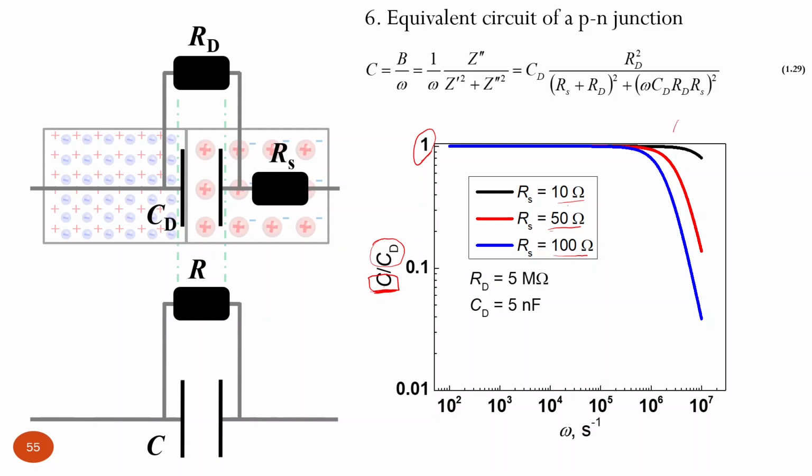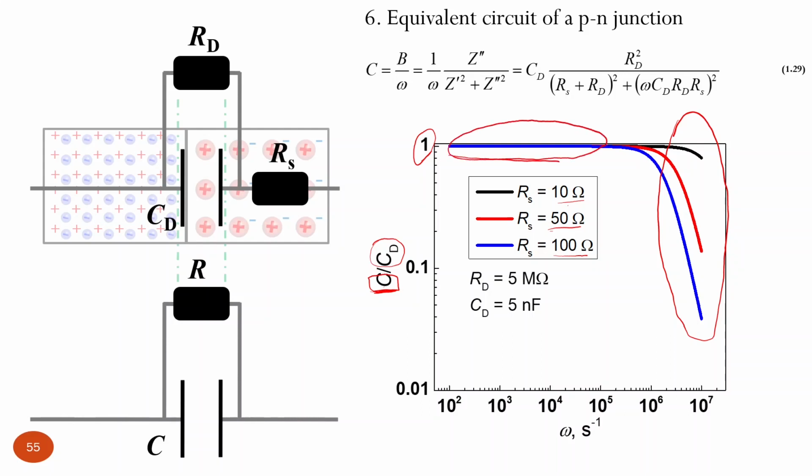So in the high frequency region, the value we get for depletion layer capacitance from our measurements is not real, because it goes way in a different direction than it's supposed to. So you would probably ask, okay, what about this region?